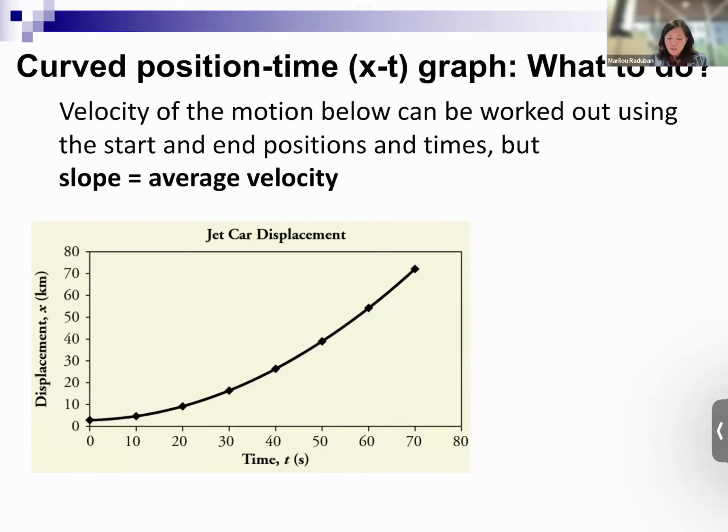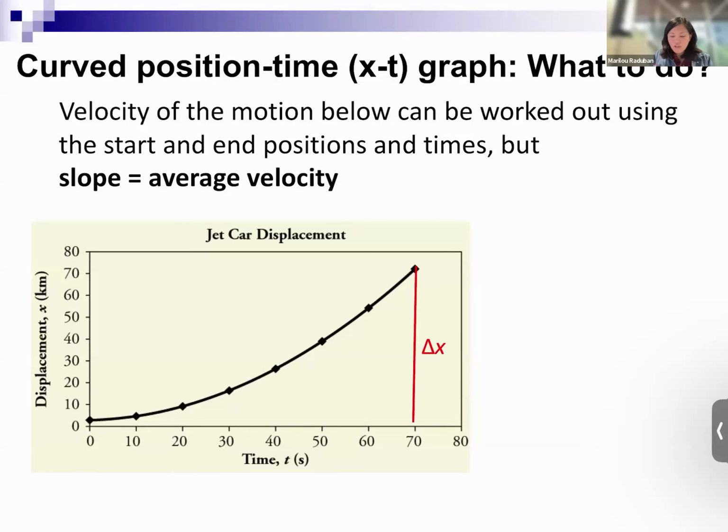So how do we calculate the velocity if, for example, you have a curved position versus time graph? Position, in this case specifically displacement, on the y-axis given in kilometers and time on the x-axis given in seconds. If you're given a curved graph, the same principle applies. The slope of the curved graph is still the average velocity.